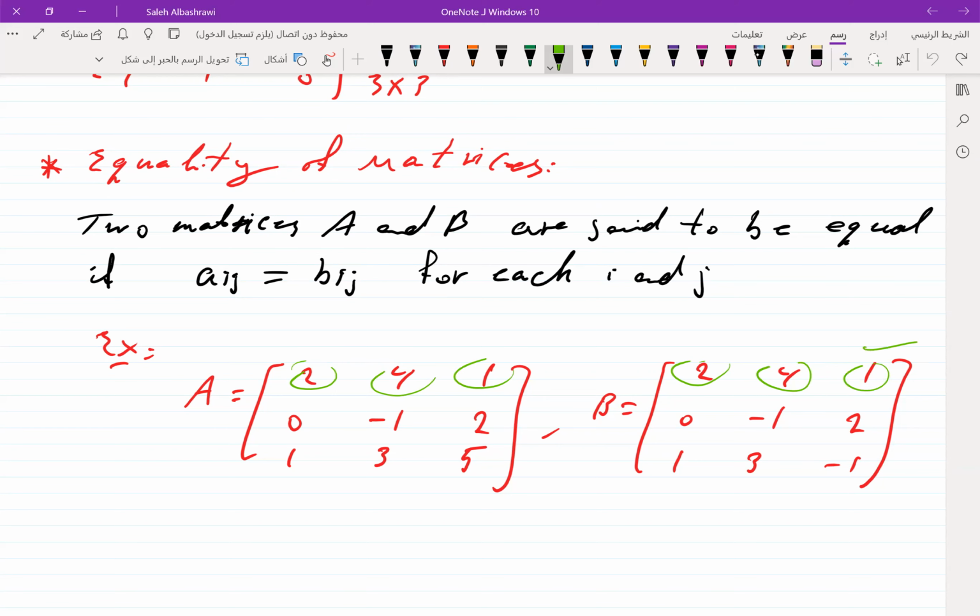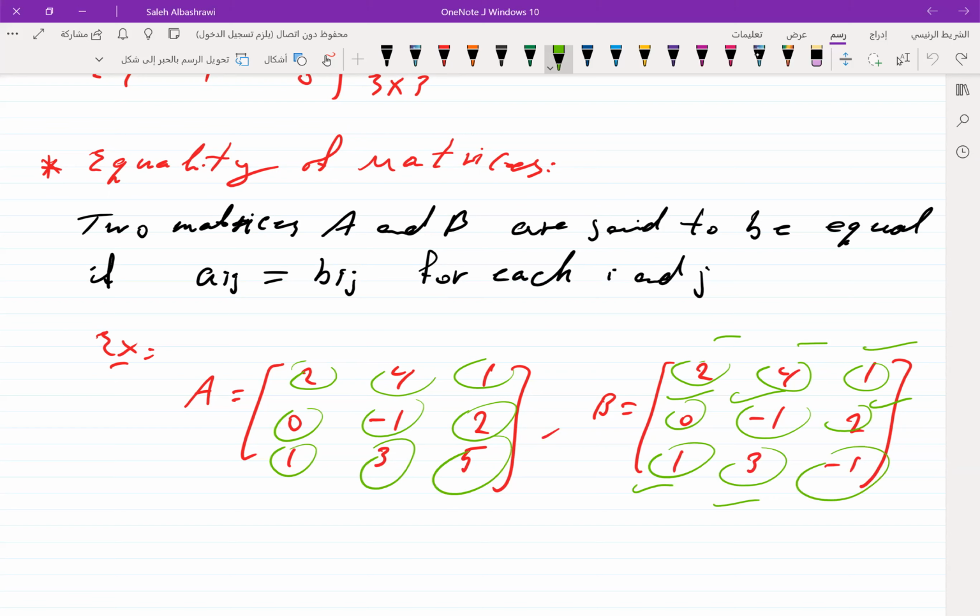1 with 1 is okay. 0 with 0 is okay. Minus 1 and minus 1 is okay. 2 and 2 is okay. 1 with 1 is okay. 3 with 3 is okay. 5 with minus 1, they are not equal.